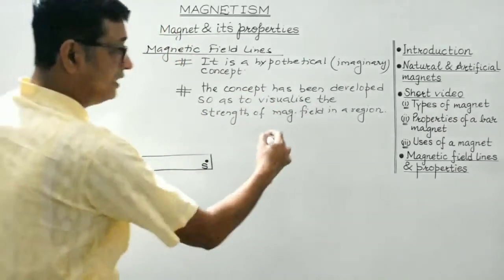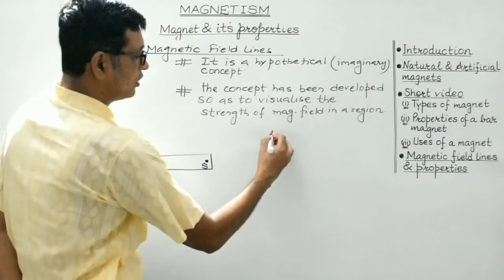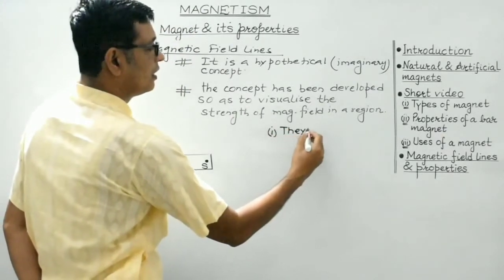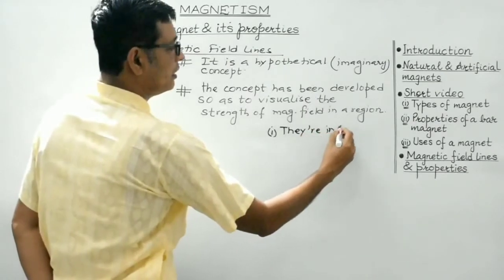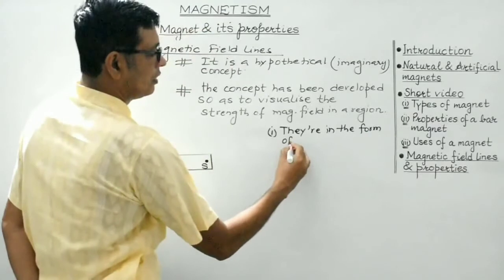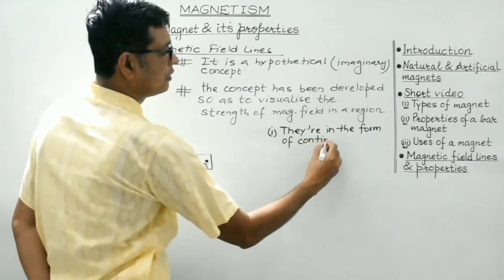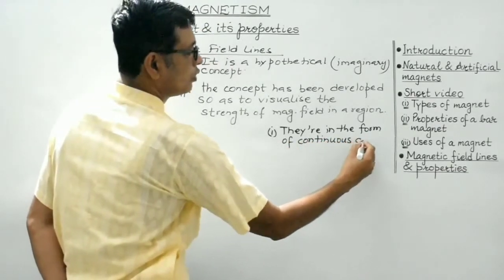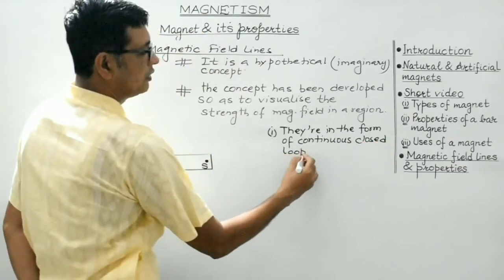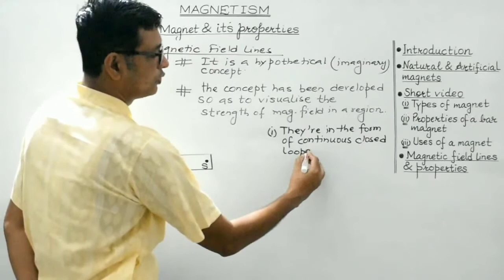So I will write the properties as well, right? So the first property is magnetic field lines are in the form of continuous closed loops.